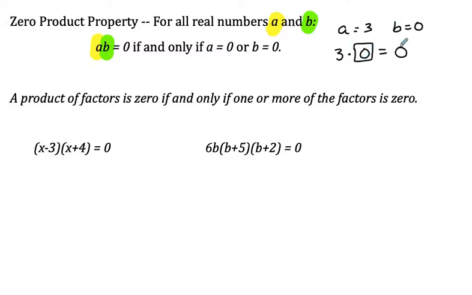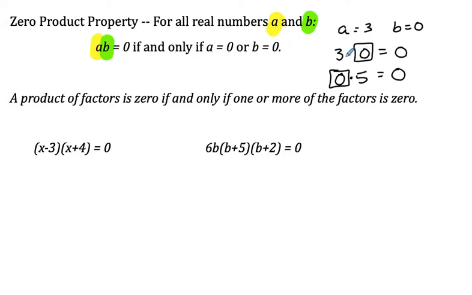Well, okay, fine. What if b is something else? What if b is 5? Well, then box times 5 would give me 0. Well, in that case, a would have to be equal to 0, right? If b is equal to 5. So one of them has to be equal to 0. a has to be equal to 0 or b has to be equal to 0.